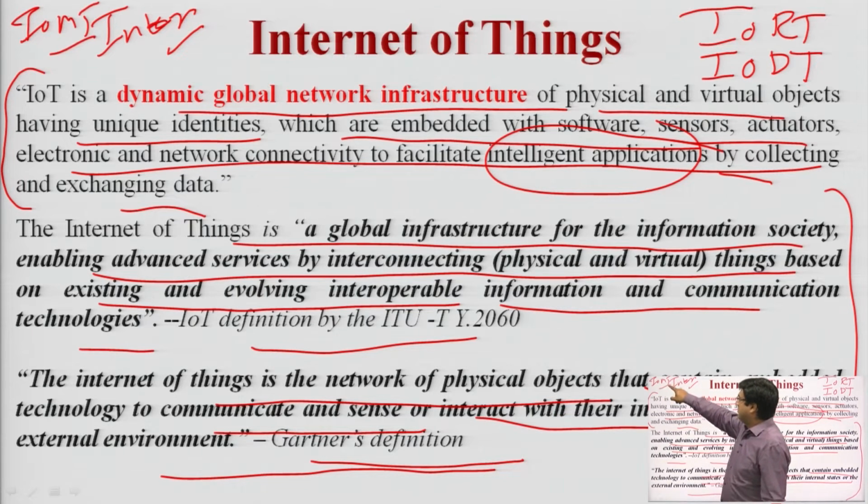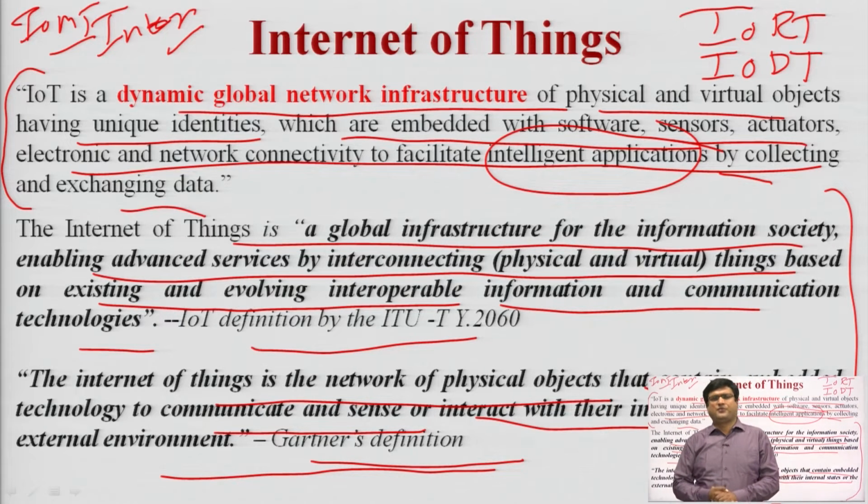So, there are various types of definitions and full forms, but basically IoT means that all the devices are connected through the internet. That is a one line definition.